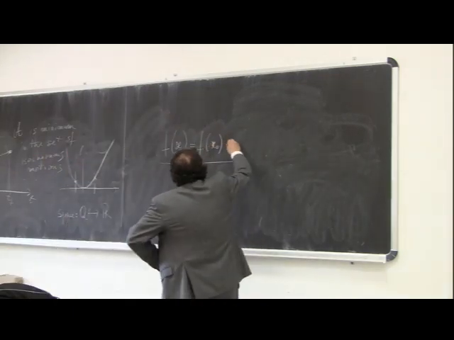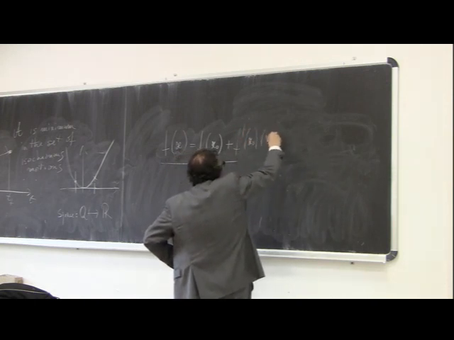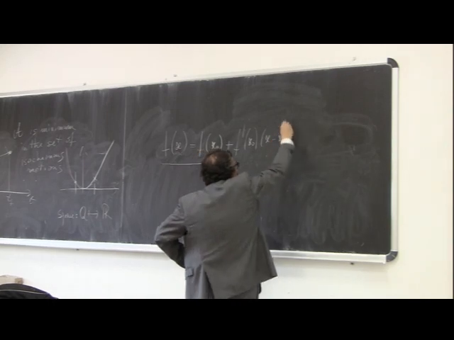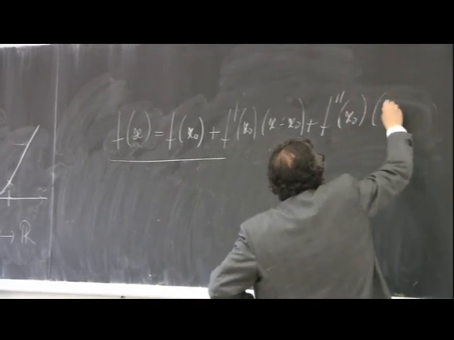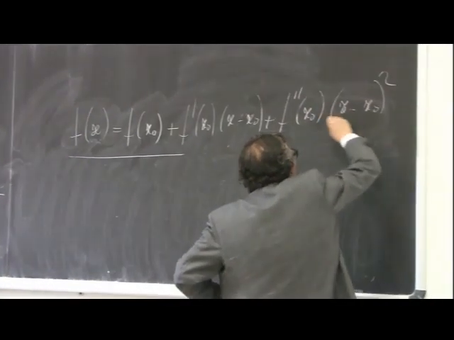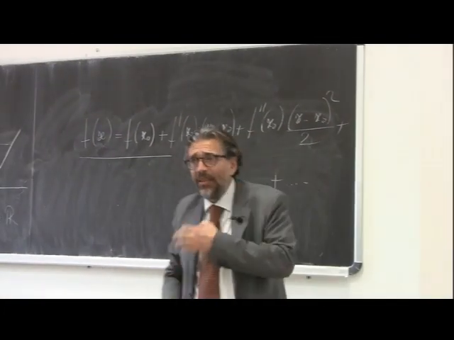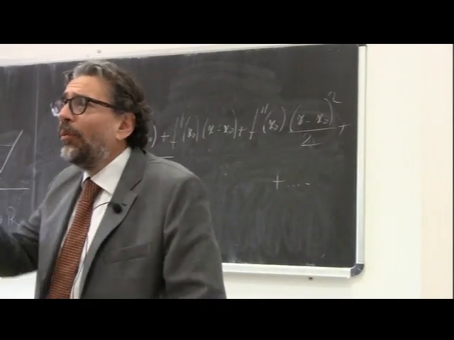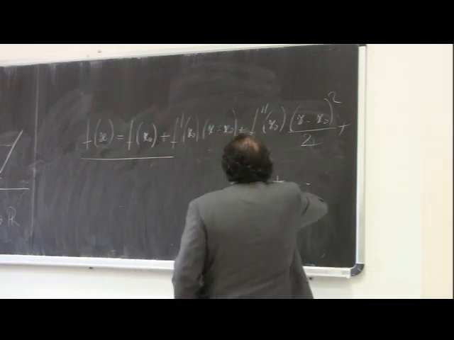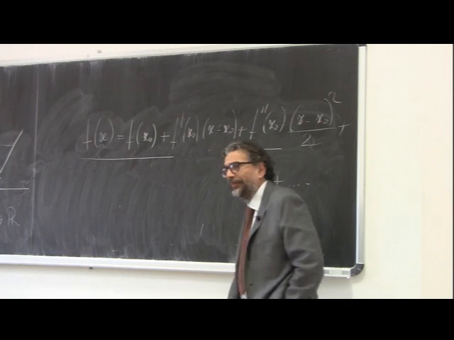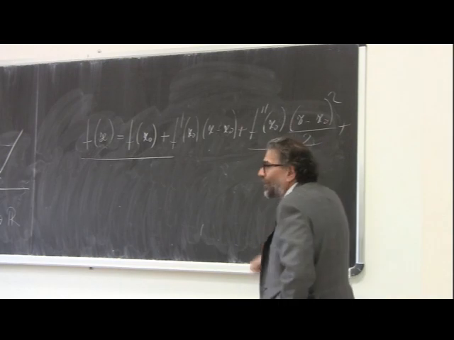So, what do we do? We write a Taylor expansion. Now, which is the idea? If I know that the second derivative is positive, x minus x0 squared over 2 is positive.